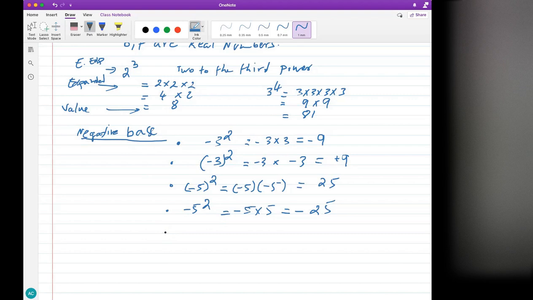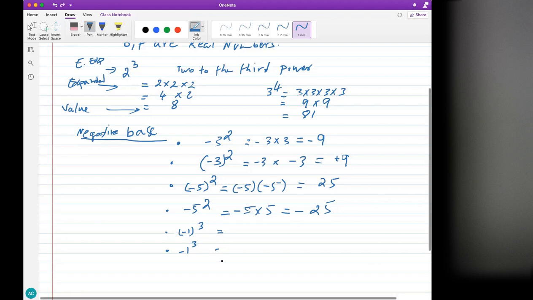Sometimes the power can be higher. It's not always 2. For example, you may have negative 1 to the third, which is not the same as this. You may get the same result, but the way we expand them is not the same.